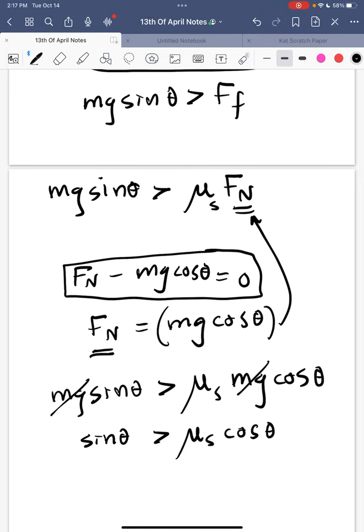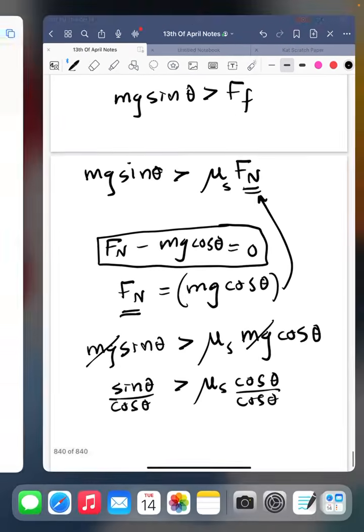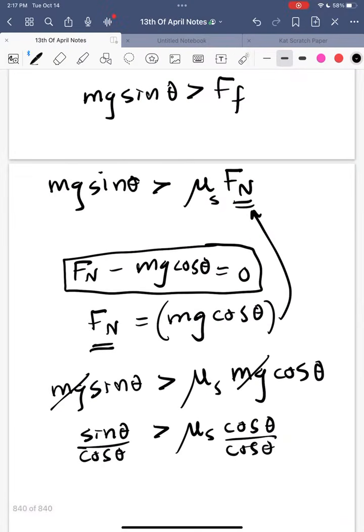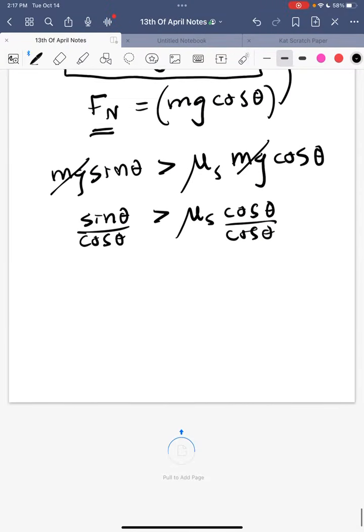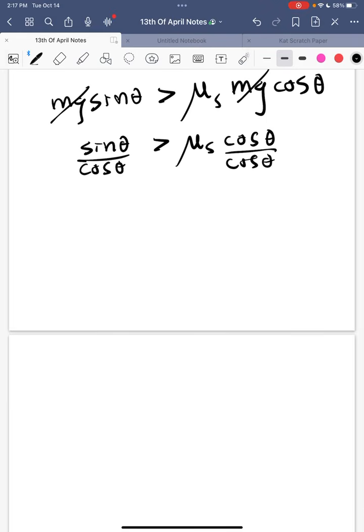I can do more on this. I can divide both sides by cosine theta. This sine over cosine is basically tangent theta, because sine is opposite over hypotenuse and cosine is adjacent over hypotenuse.